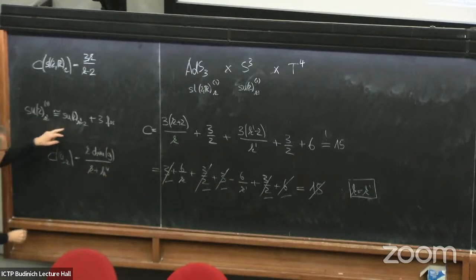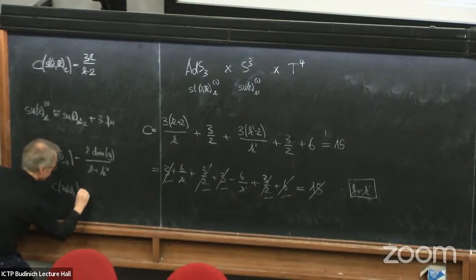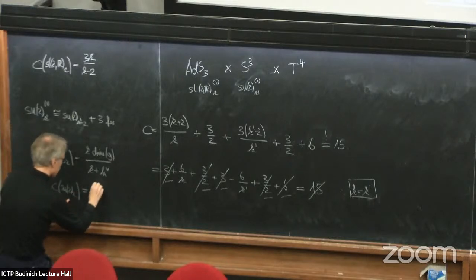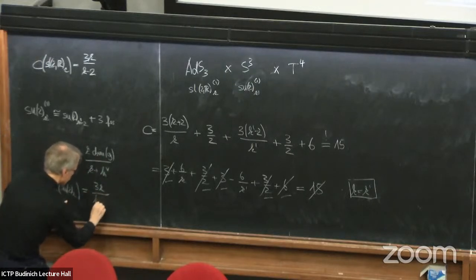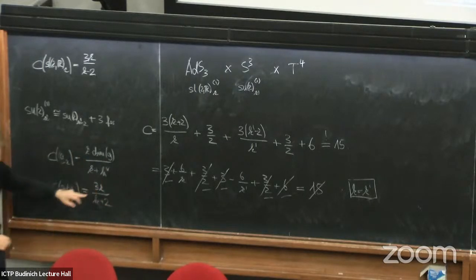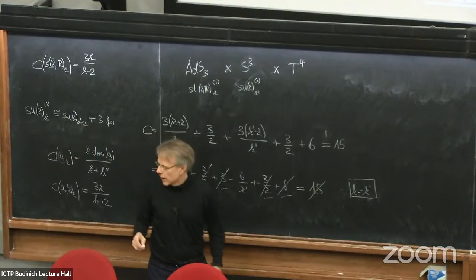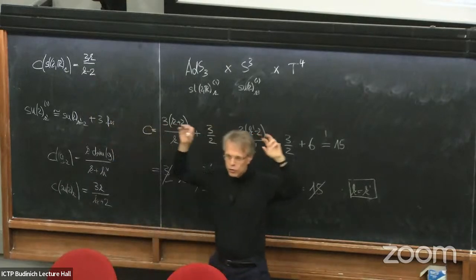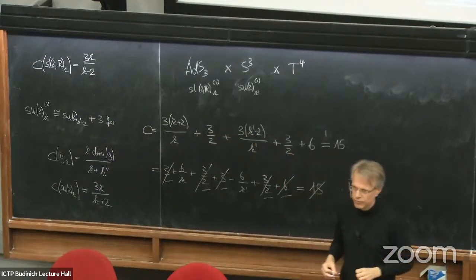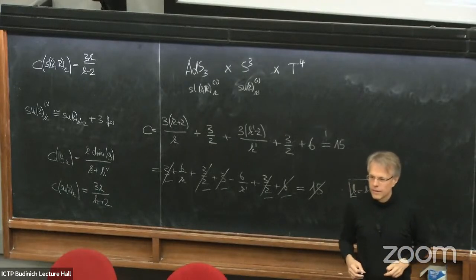So for example, for SU2 level k, this gives you 3 times k, because the dimension of SU2 is 3, and k plus 2 because the dual Coxeter number of SU2 is 2. And if I'm not wrong, for SL2R there is a minus sign. Yeah, exactly. For SL2R, you can think of this as the dual Coxeter number being equal to minus 2. So is it true that by adding fermions, I have an opposite shift?